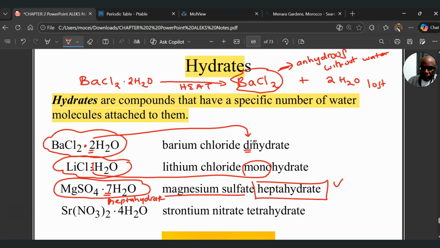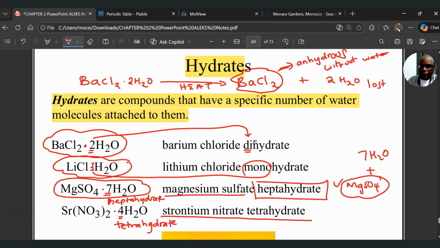If you heat up magnesium sulfate heptahydrate, you will end up with magnesium sulfate by itself and 7 portions of water, and that will be anhydrous magnesium sulfate. And then you have strontium nitrate, 4 is tetrahydrate. So strontium nitrate tetrahydrate.